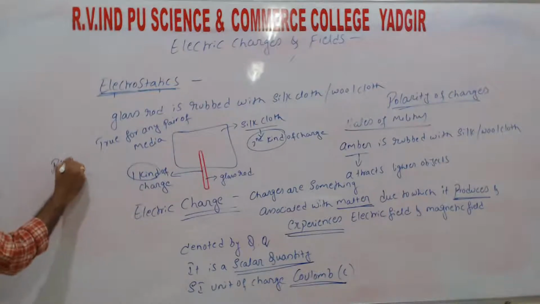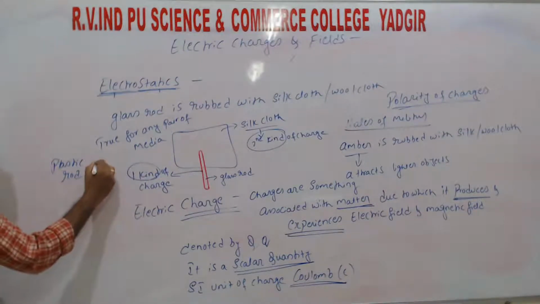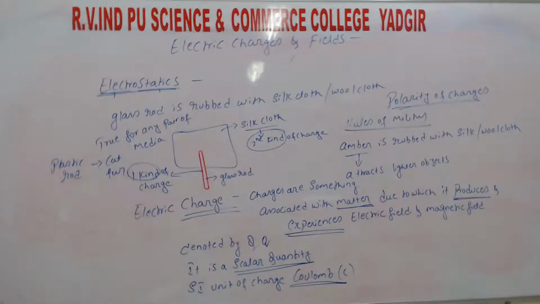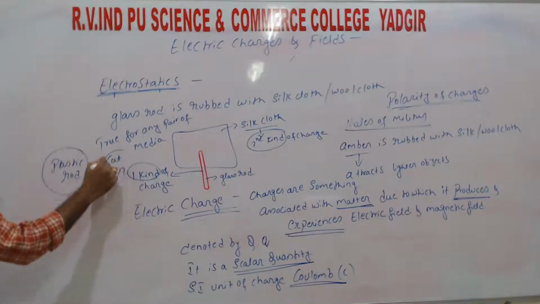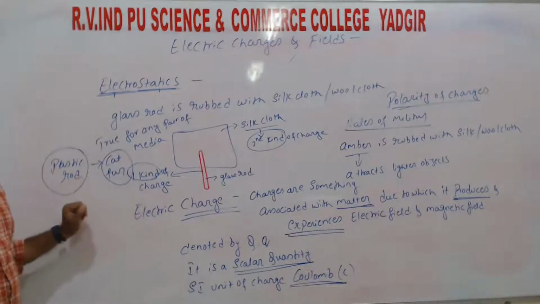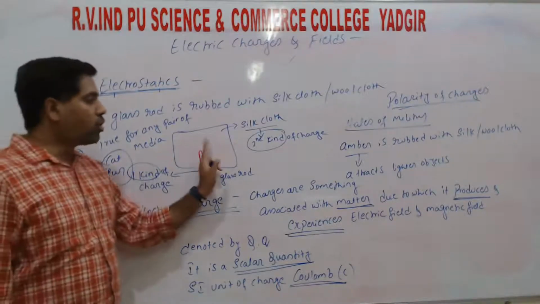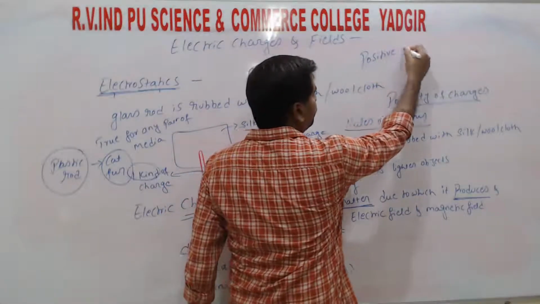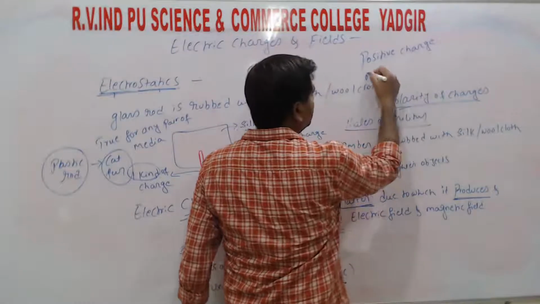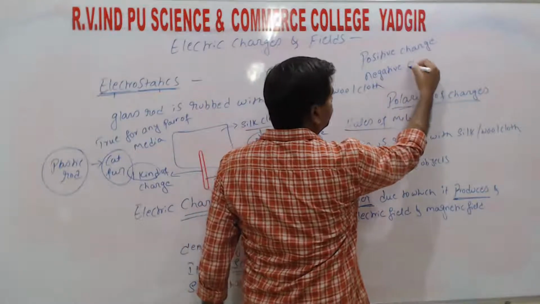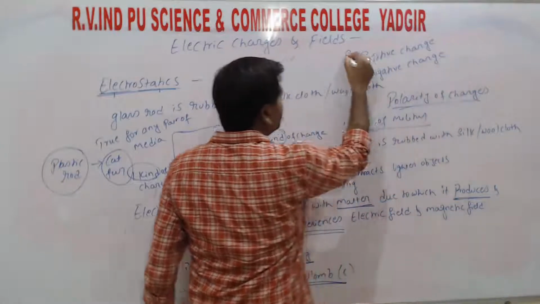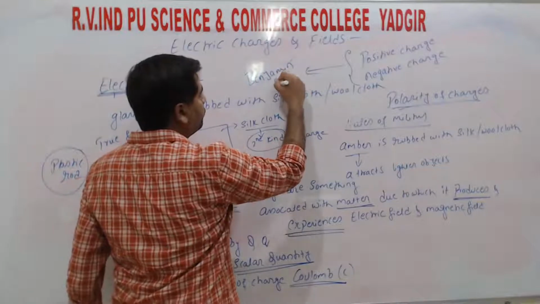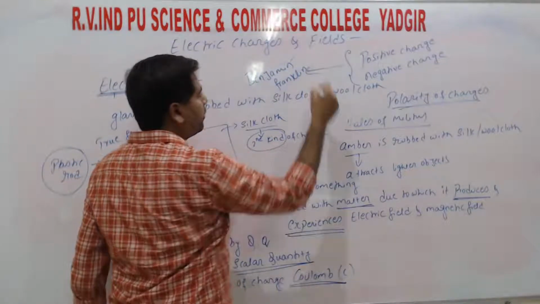That is, when a plastic rod is rubbed with cat fur, the plastic rod acquires one kind of charge and the cat fur acquires the other kind of charge, right? These two kinds of charges are named positive charge and negative charge by Benjamin Franklin.